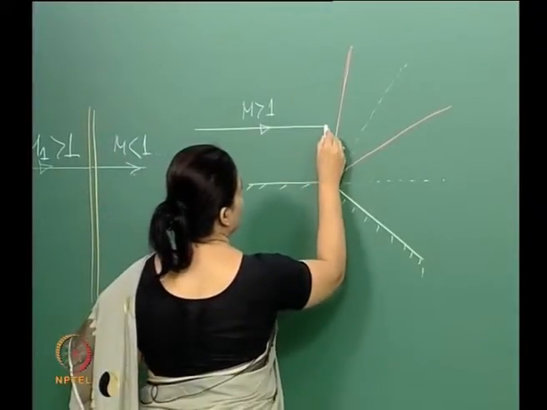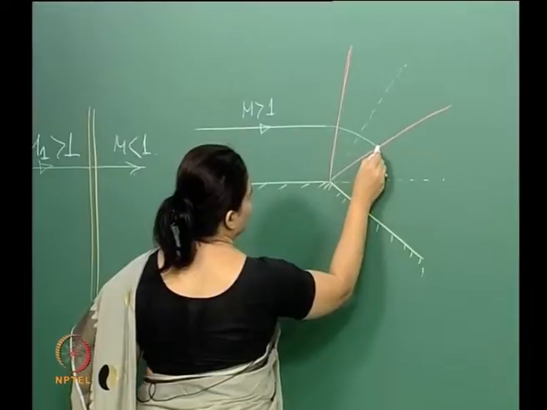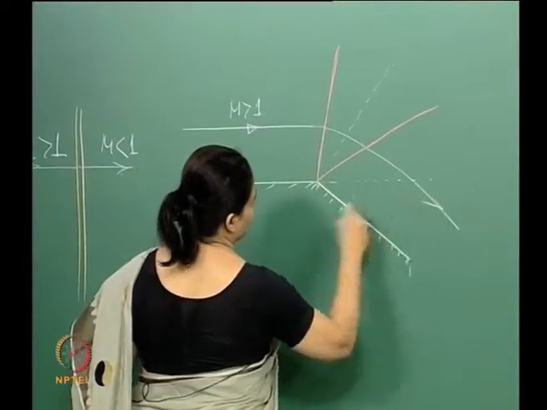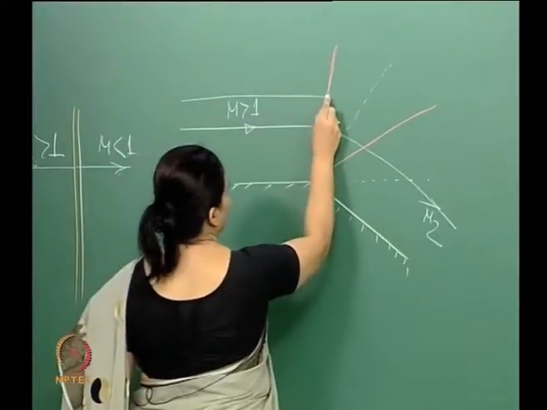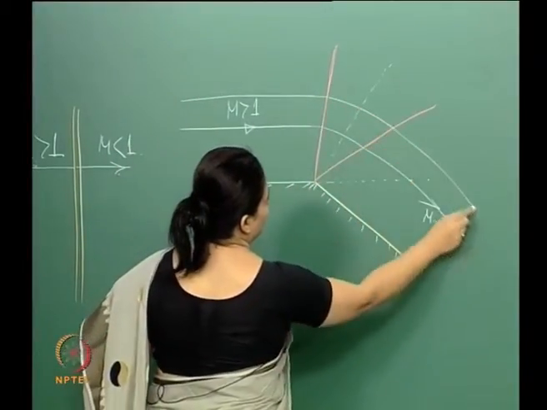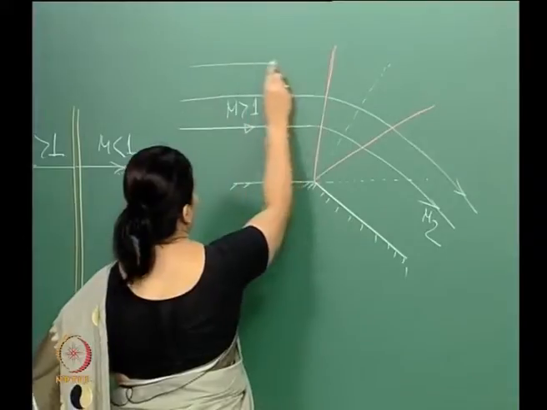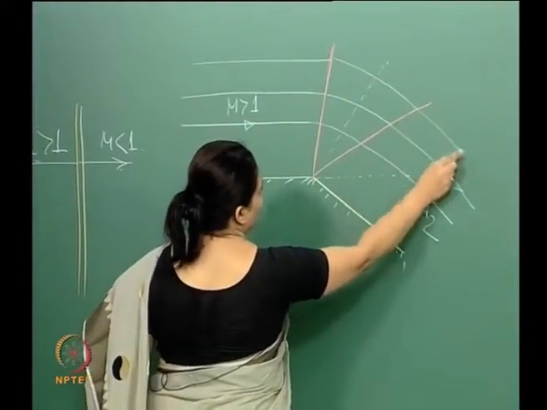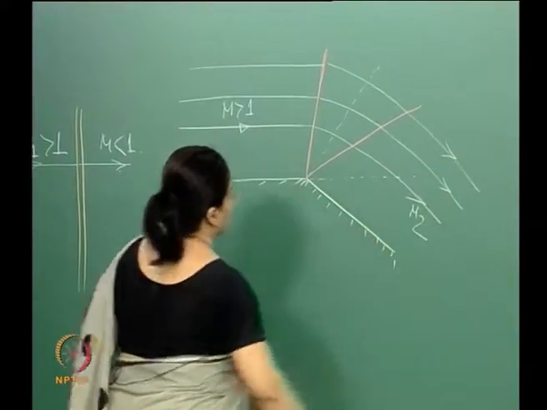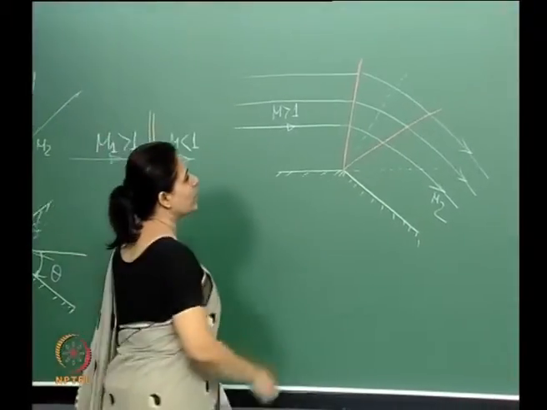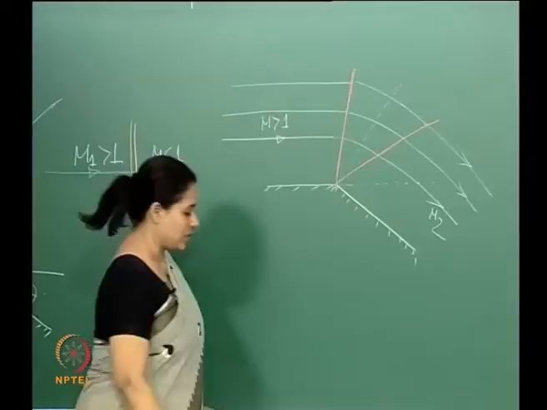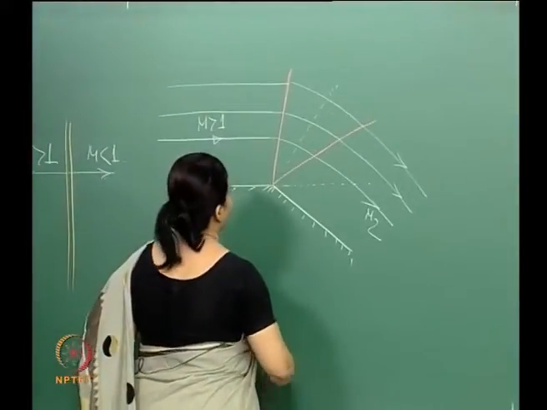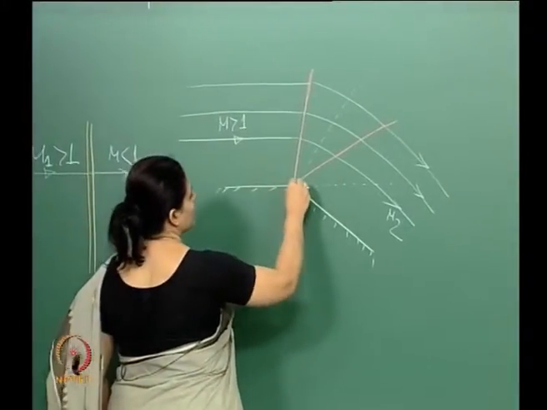What happens is that this comes like that, it moves like this, and then it moves past it. So then this is my M2. Similarly, we can have other streamlines which come like that, expand over this region and move past it. What we are interested in now is this region, and we will detail this a little more.